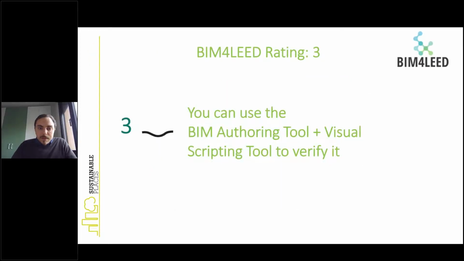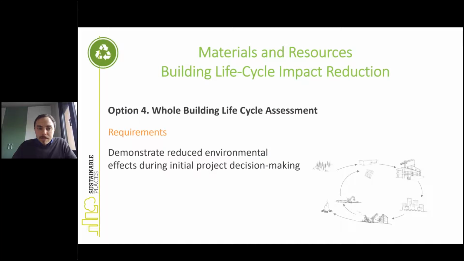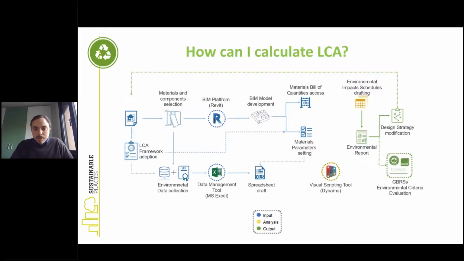Also, the BIM for LEED rating 3 uses the BIM authoring tool plus a visual scripting tool. And this is another example case study of an open project. The credit is materials and resources, building life cycle impact reduction. And this is the workflow, which is a little bit complicated.